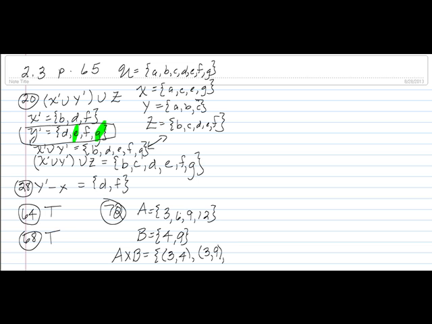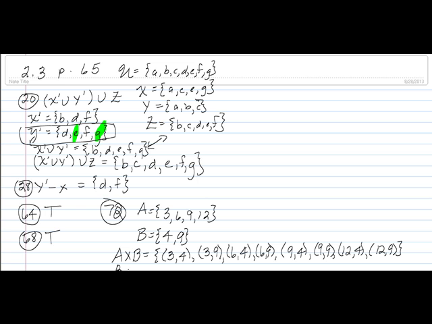Then we want to do (6, 4) and (6, 9). Third element in A is 9, and that's going to give us (9, 4) and (9, 9). And then (12, 4), our last element from A, and (12, 9).